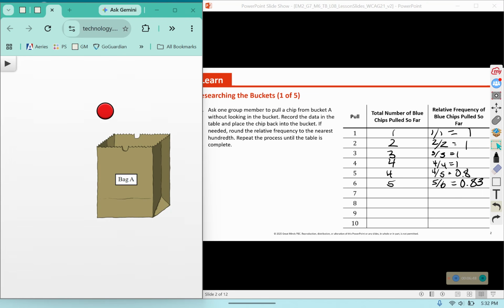This is red, so it's still only 5 blues so far. 5 out of 7. 5 divided by 7 is equal to 0.714. We're looking at these two place values. This is below 5, so it stays 0.71.